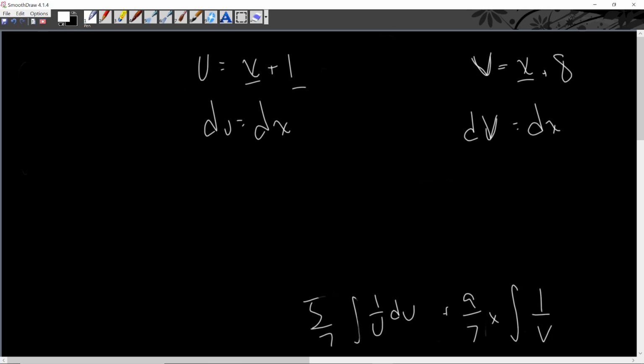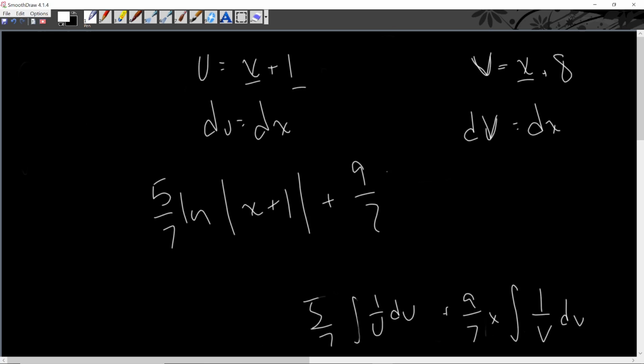And again, we know how to integrate 1 over v, or 1 over x, or 1 over u, and that's just going to be ln. So we're going to have 5 over 7 ln absolute value of u, which is x plus 1, plus 9 over 7 times ln of absolute value of v, which is x plus 8, plus c.